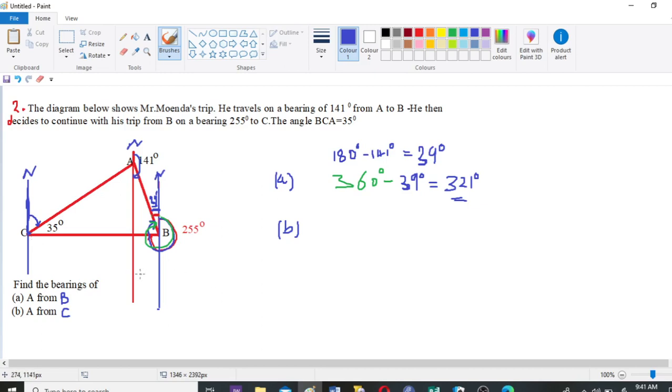So what we are going to do is use the known procedure, which is understandable. Since you have your 255 here, this angle 255 is given from here up to there.